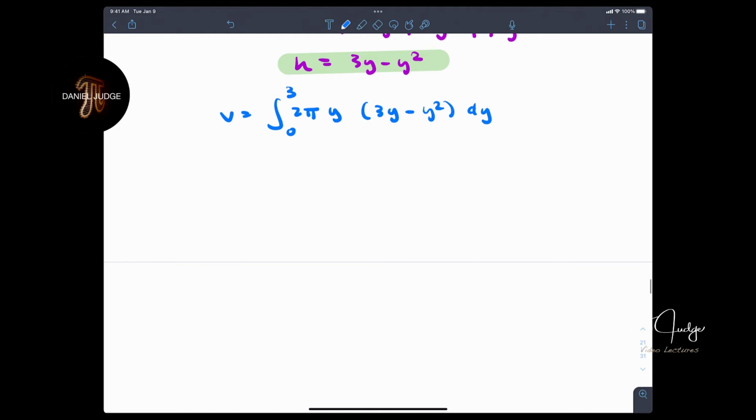Okay. So we'll pull out the 2 pi from 0 to 3. 3y squared minus y cubed now dy.